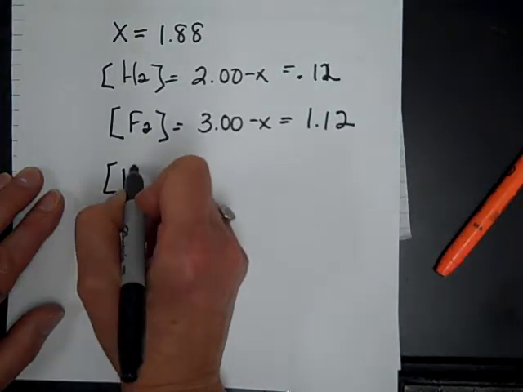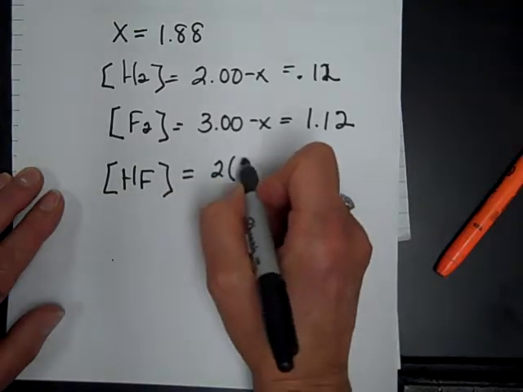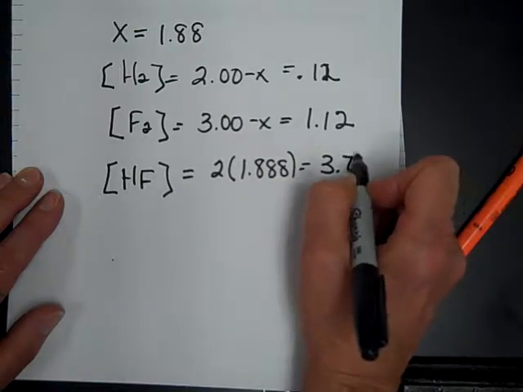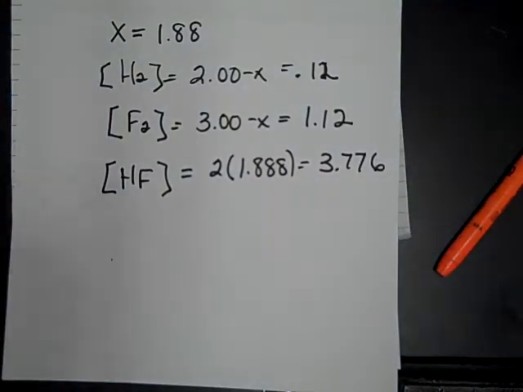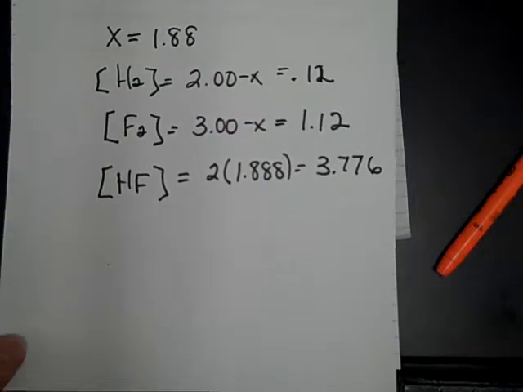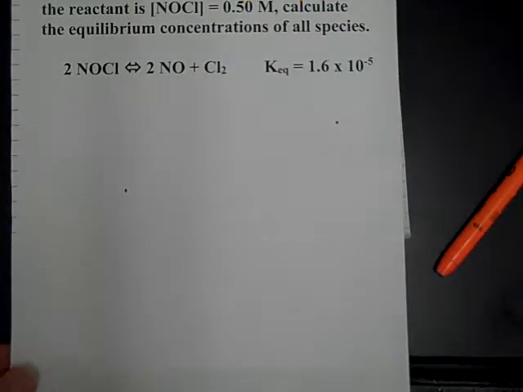And then HF is 2x and that's going to be 3.776. So that's what you need to do to complete the problem. So the chemistry of it is exactly the same. It's just sometimes it gets more complicated when you're doing the algebra. And this last one is even going to be more complicated.